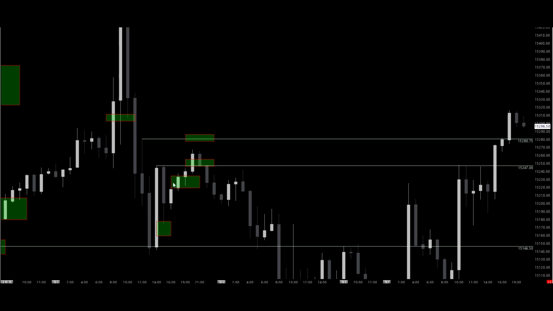So the reoffer of that move down and a peak above these swings to then begin to look for a short. Now the discipline comes when this happens. You're not just banging shorts for no reason.